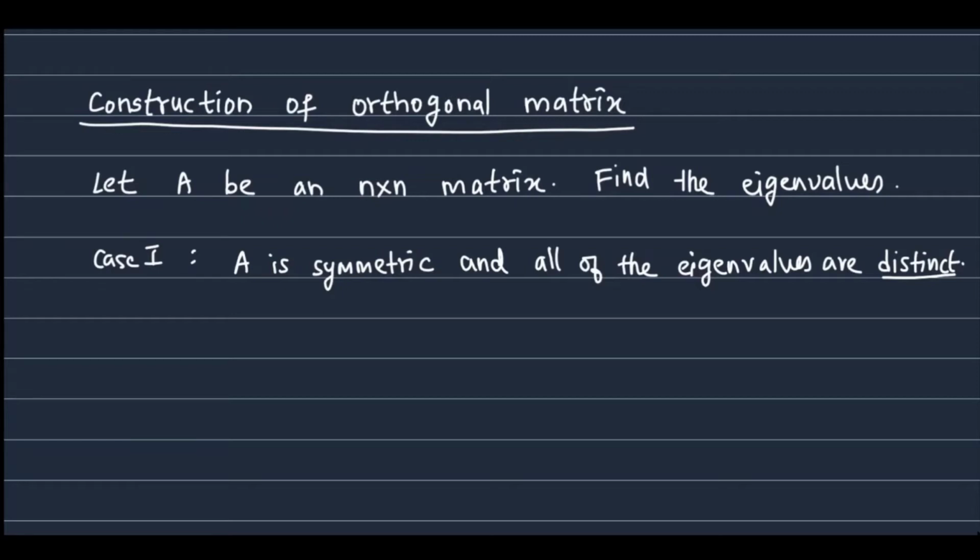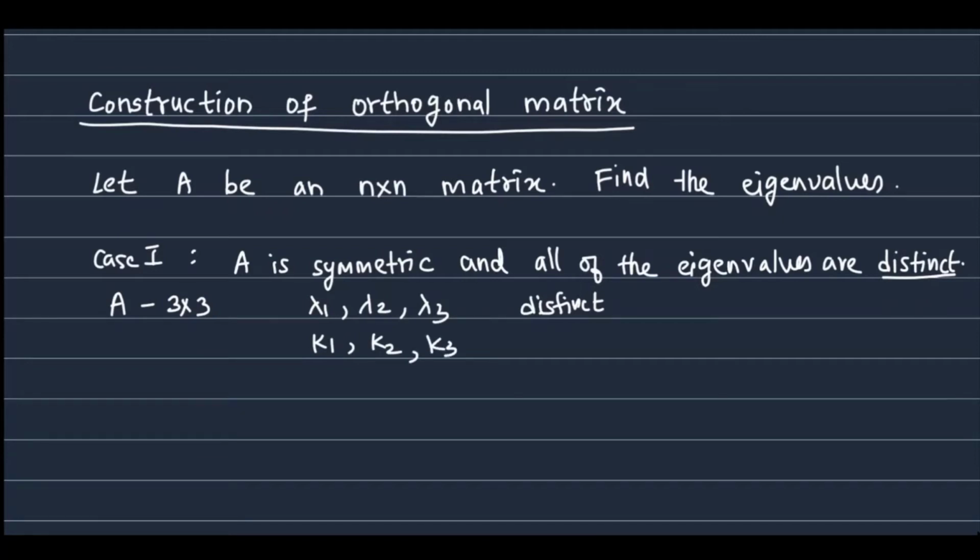So for example, suppose A is a 3 by 3 matrix, and we got its eigenvalues as lambda 1, lambda 2, lambda 3, all distinct. So we will find the corresponding eigenvectors k1, k2, k3.